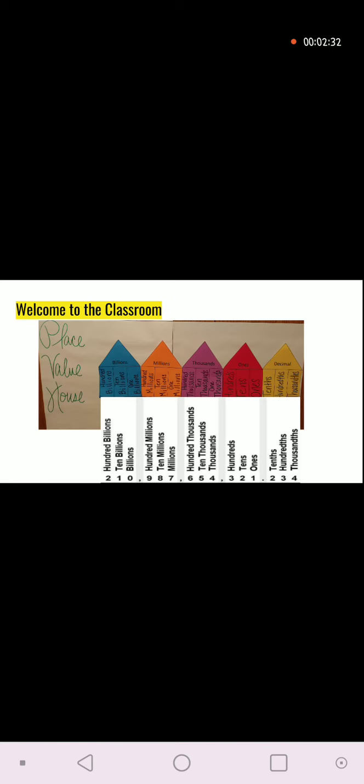Now in the classroom, I want to show you an anchor chart. I like to use houses to help understand where each number is placed. So in our anchor chart, I've created houses for each different section of a number. The decimals, tenths, hundredths, thousandths.